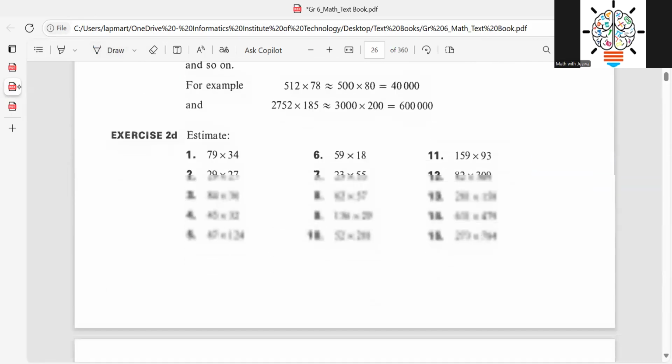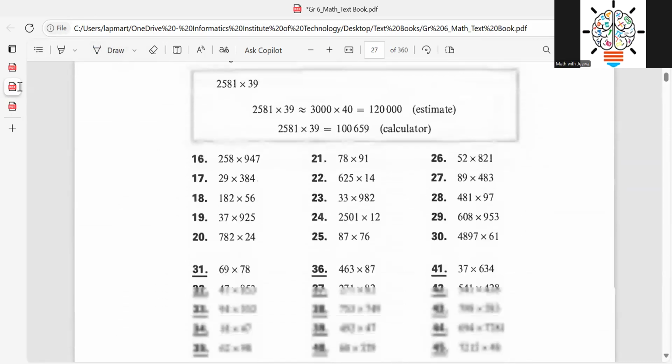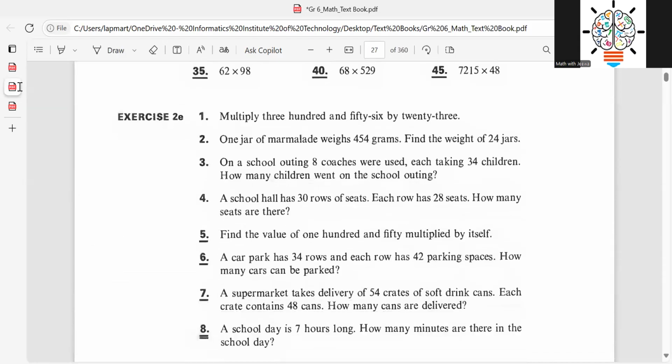Then I asked you to do a few word problems here, 1 to 4, right? So I will show you the answers here. Multiply 356 by 23. First you read the question and write it down.